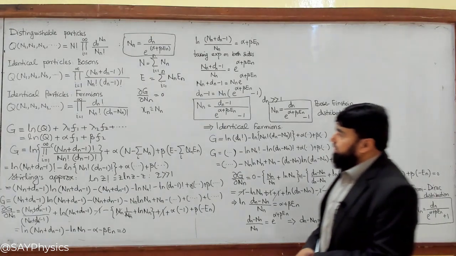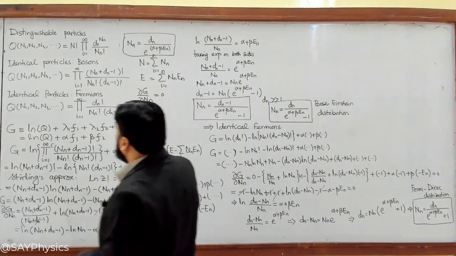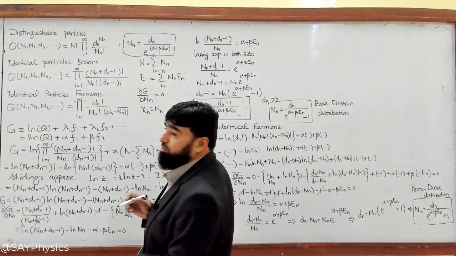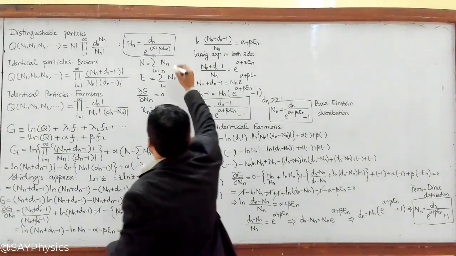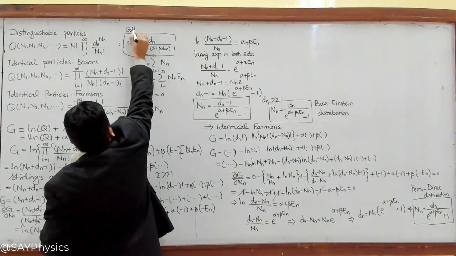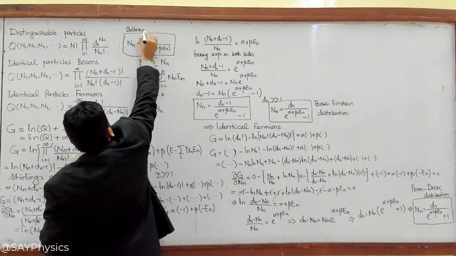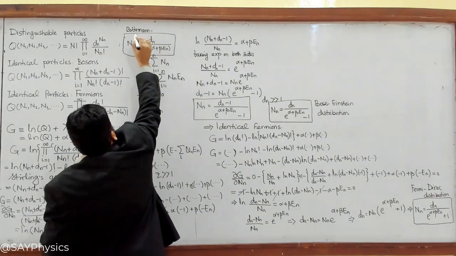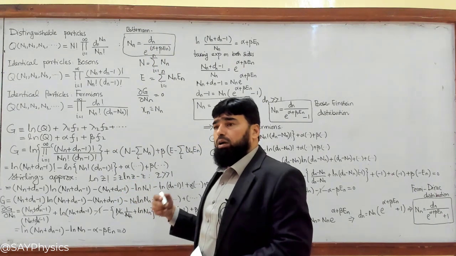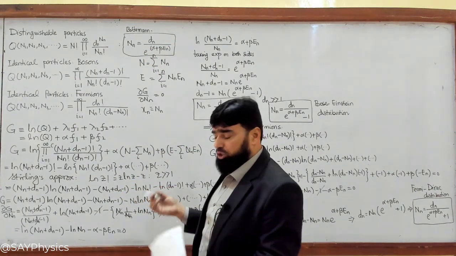When we come to the distinguishable particles, we call them the classical particles. Then this is the Boltzmann-Maxwell distribution or Maxwell-Boltzmann distribution.